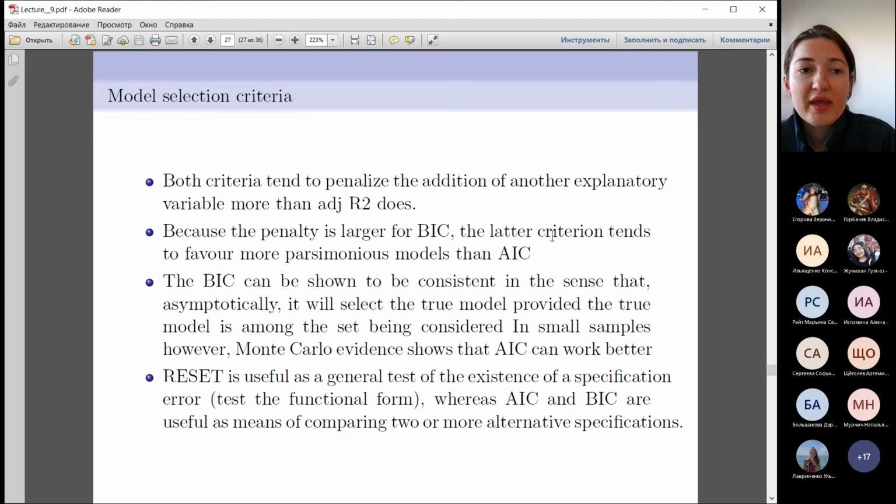And also, if you compare both formulas, you can find that BIC implements a larger penalty than AIC.